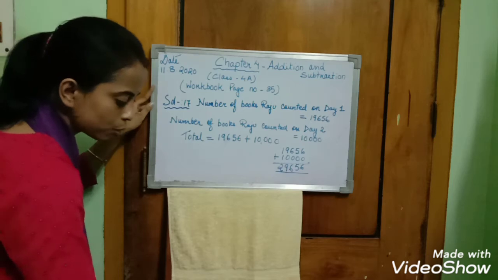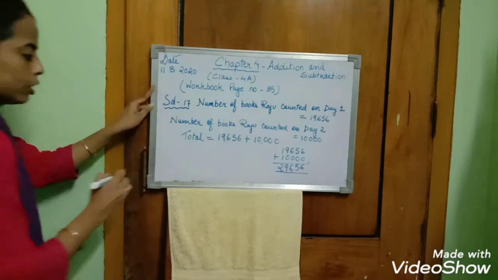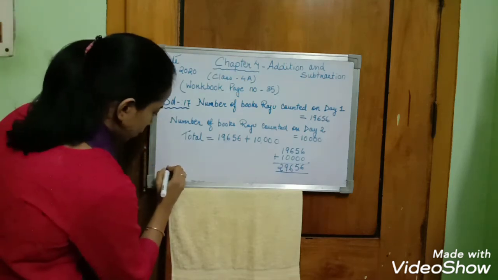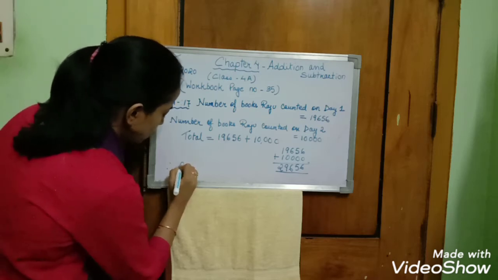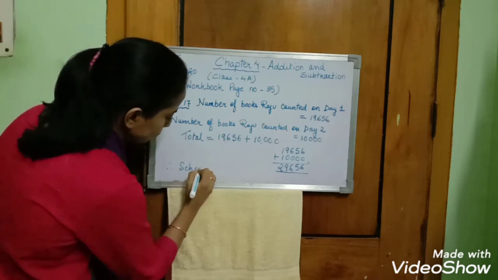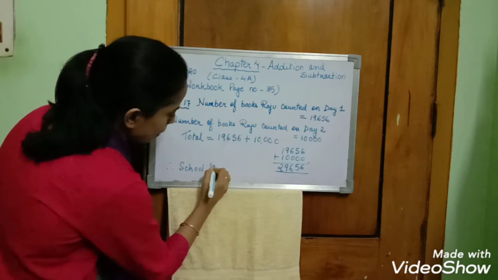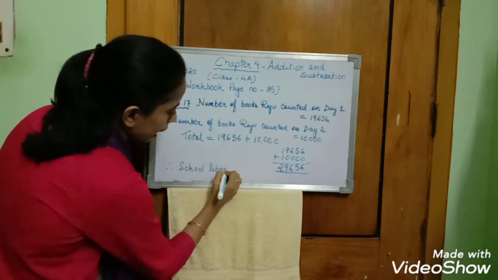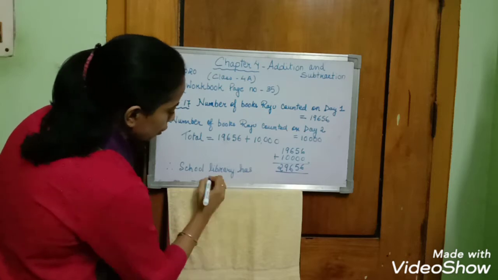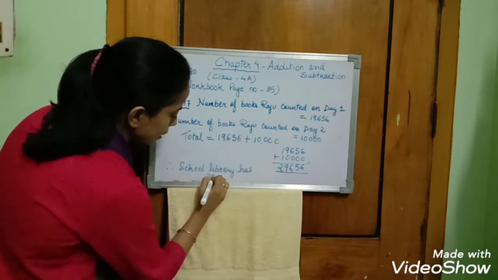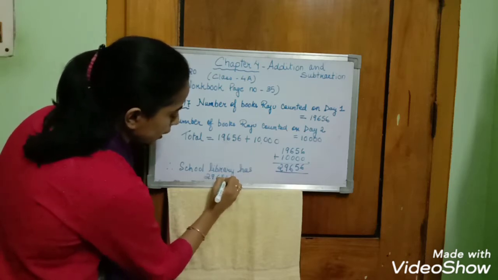How many books does the school library have? Therefore, just give 3 dots. Therefore, the school library has 29,656 books.